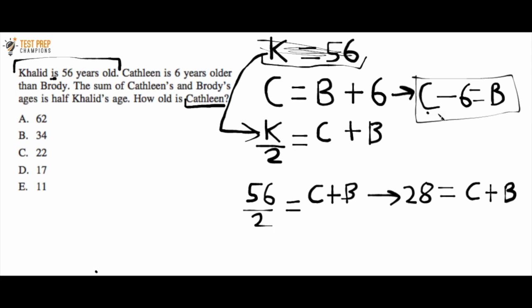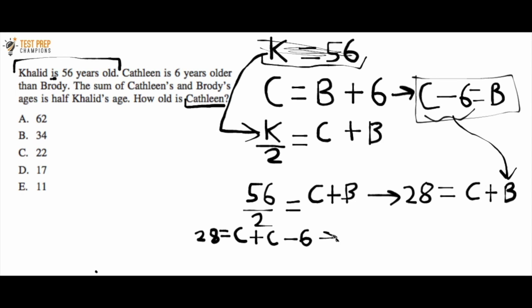Because now I know that c minus 6 equals b. So I want to take this c minus 6 and plug it in down here for b. When I rewrite, it'll look like 28 equals c plus c minus 6.